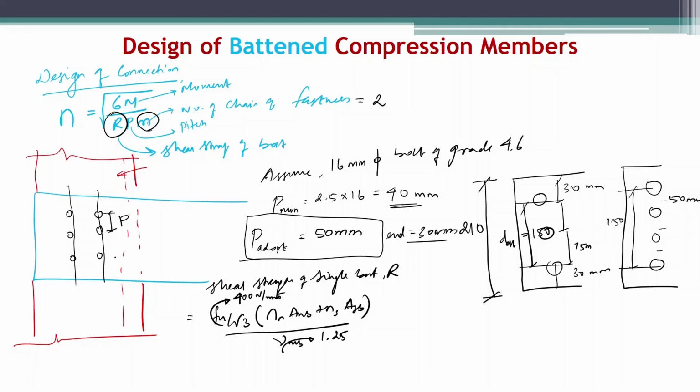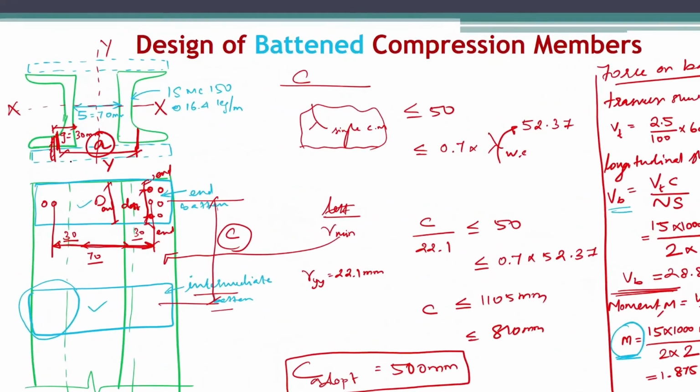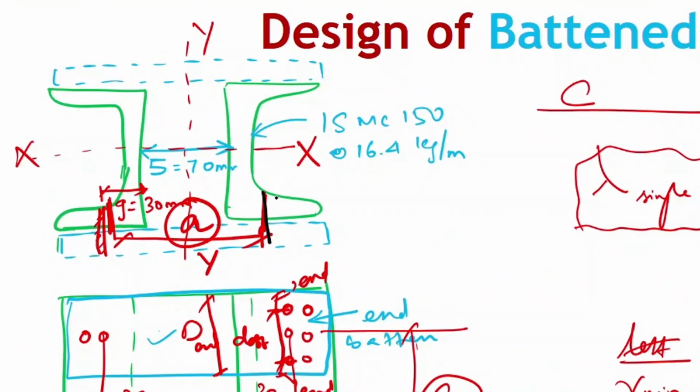Now, how many shear failure planes are there in the bolt? If you look at the cross section, this is where we are going to arrange the bolt. How many interfaces are there between the batten and the flange of the compression member? There is only one interface. So you have only one possibility of shear failure plane.